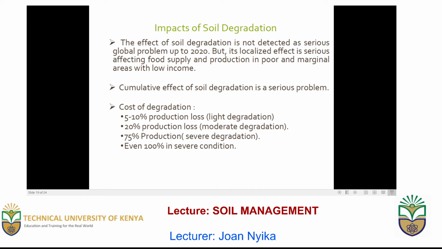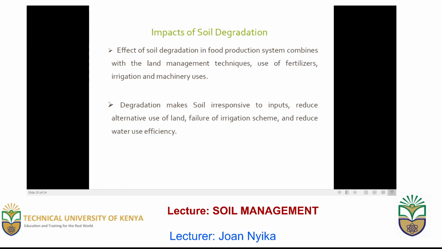Cumulatively, soil degradation is a very serious problem of modern day. The costs of soil degradation: it results in between 5 to 10% production loss. It could also cause 20% production loss, which we refer to as moderate. On the extreme, it could even cause 75 or up to 100% loss in crop productivity.